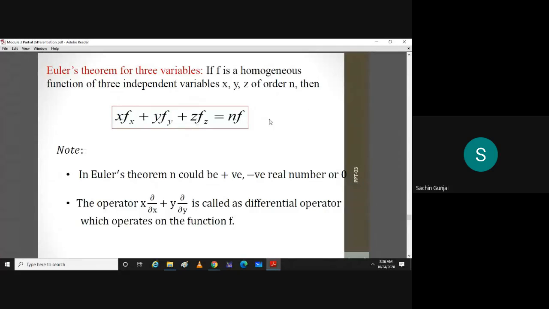So for three variables, x ∂f/∂x plus y ∂f/∂y plus z ∂f/∂z equals n times f, where f is a homogeneous function of degree n. Note that this n can be any real number, not only integers or natural numbers. The operator x ∂/∂x plus y ∂/∂y is called the differential operator.